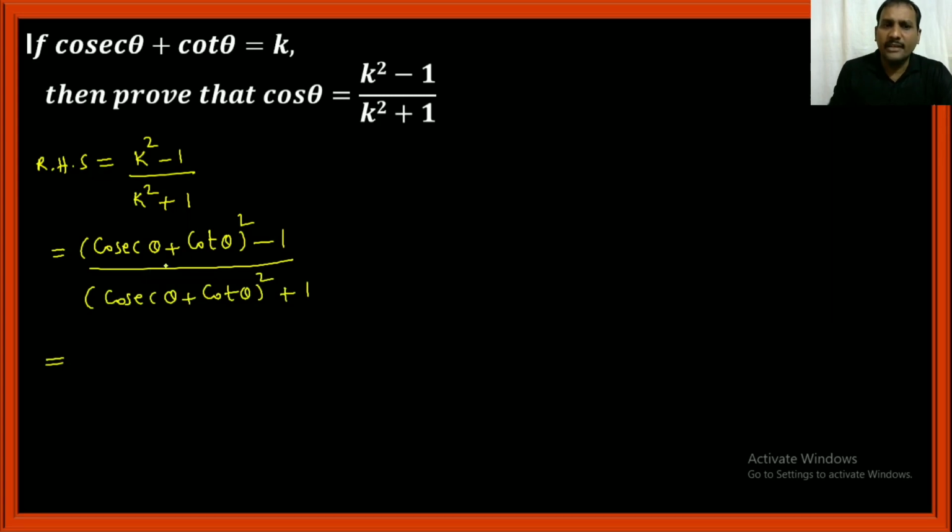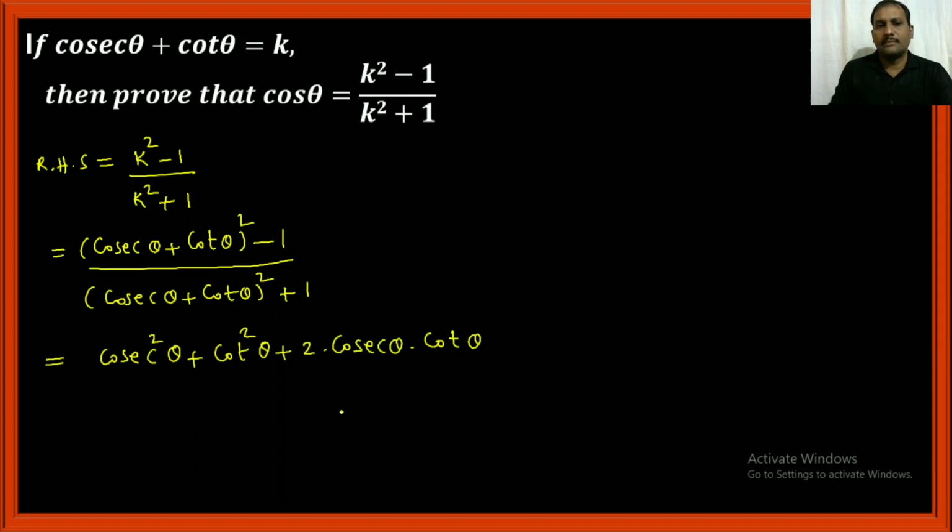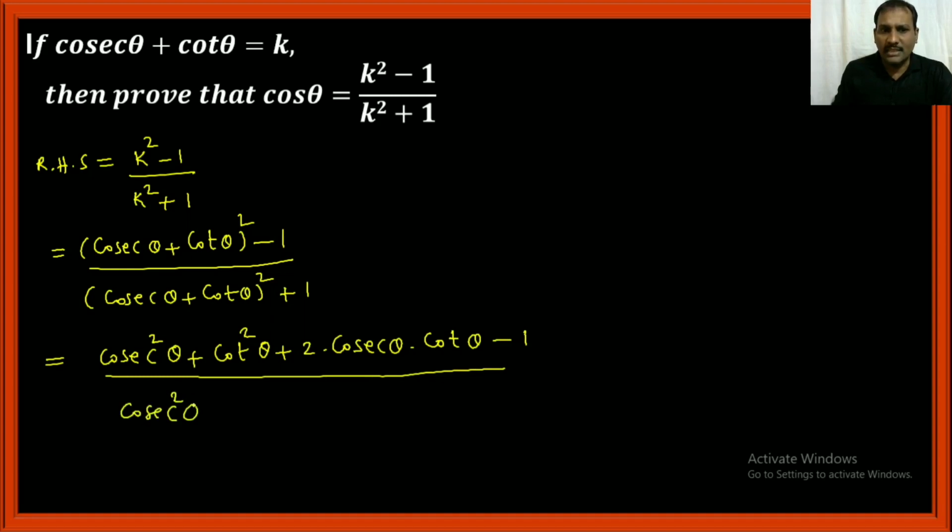Let us expand using the a plus b whole square formula. That is cosecant square theta, a square, plus cot square theta, that is b square, plus 2ab, that is 2 cosecant theta into cot theta, minus 1 by cosecant square theta plus cot square theta plus 2 cosecant theta into cot theta plus 1.